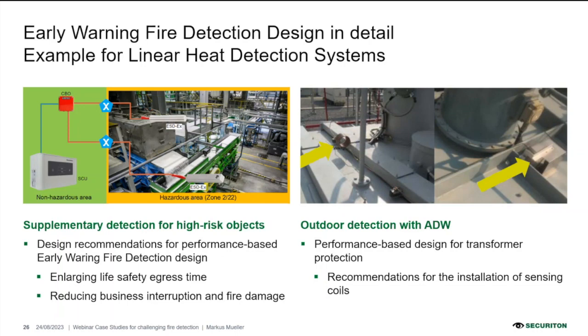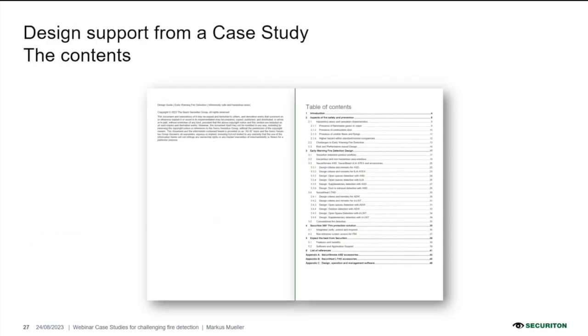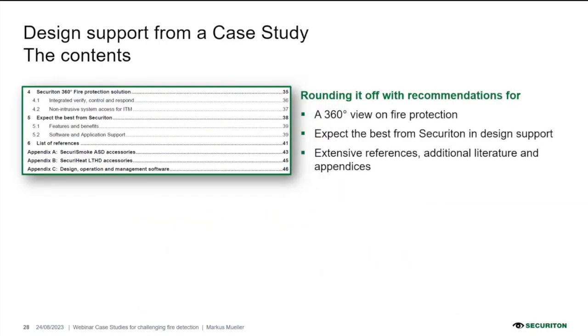That is the core chapter of the guide, but we have additional chapters to round it off. We offer you a 360-degree view on fire protection, that says we explain how you can integrate these systems with our own fire alarm control panels, with building management systems, with alarm management systems and such.